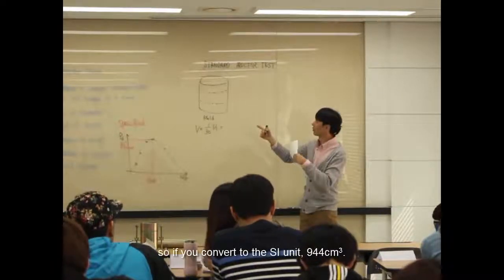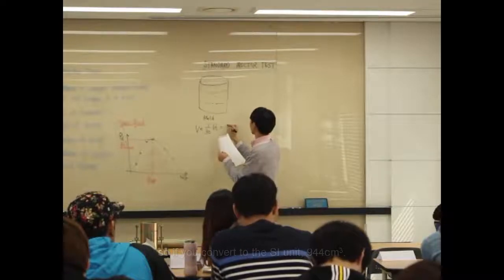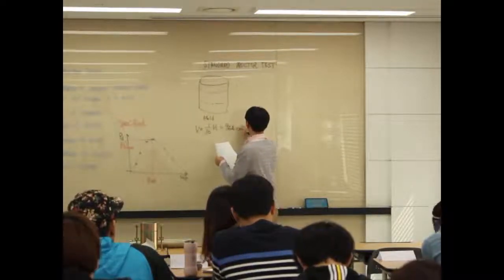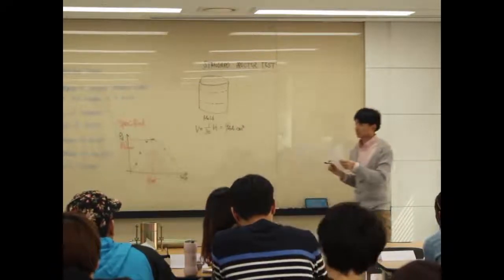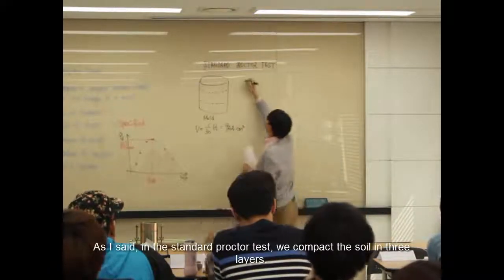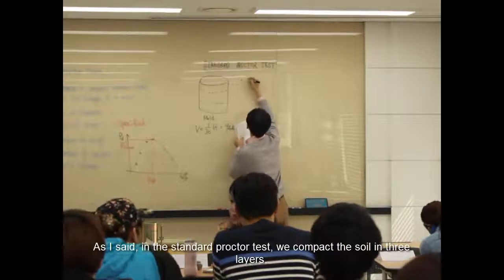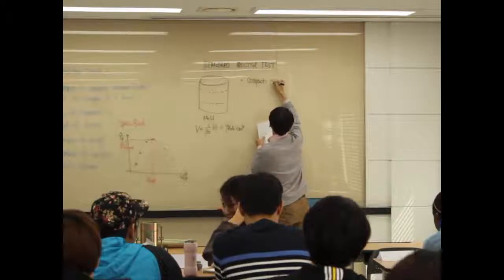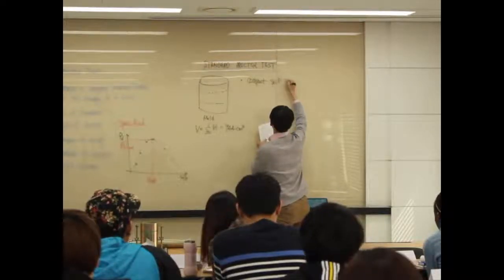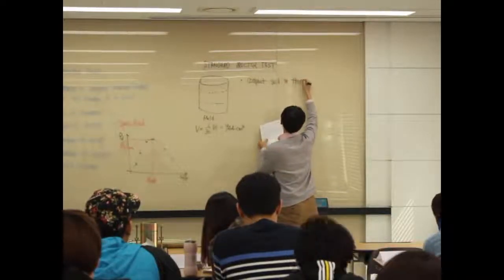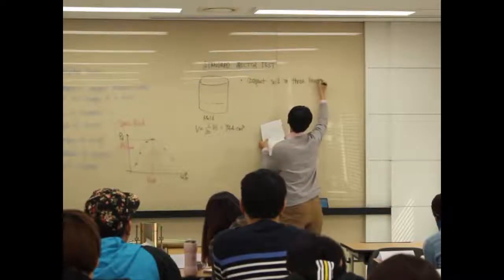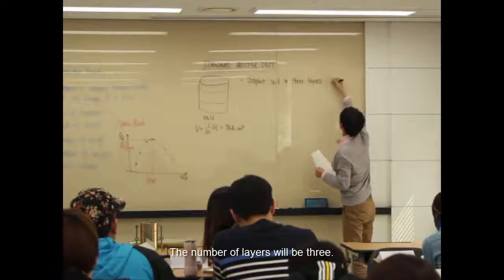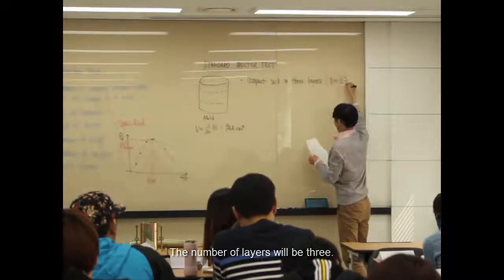If you convert to the SI unit, it's 944 cubic centimeters. As I said, in the standard test we compact the soil in 3 layers, so the number of layers n will be 3.